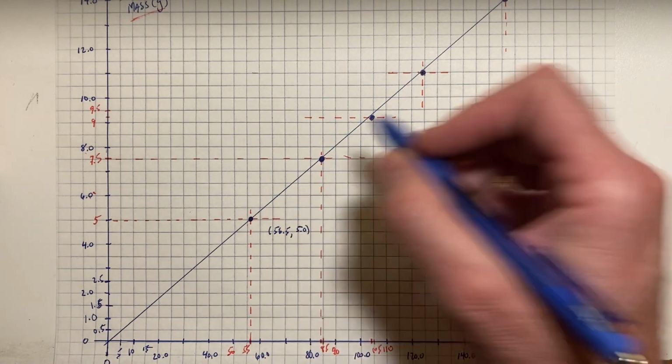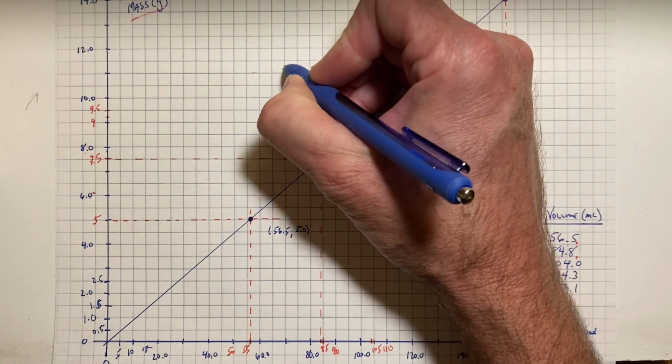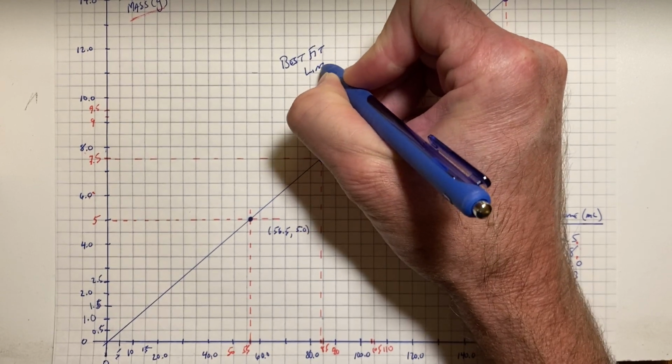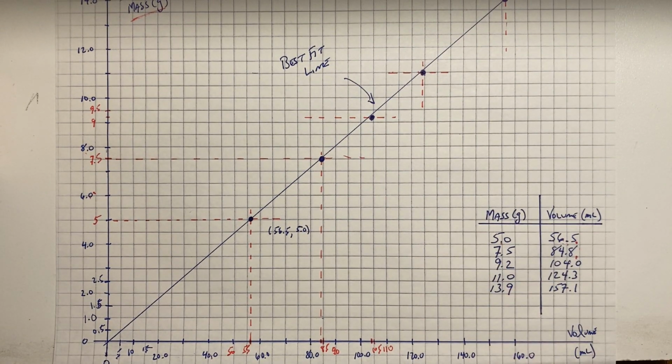Now this line is called a line of best fit, or a best fit line, because it's the line that represents those 5 points the best. It gives you a good idea of the general trend of what the points are doing.